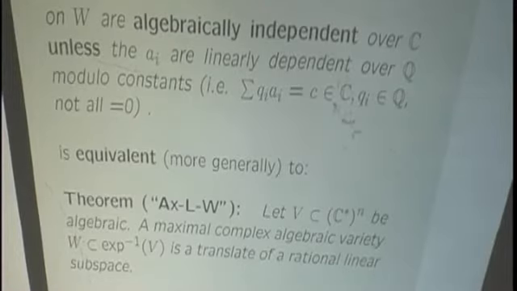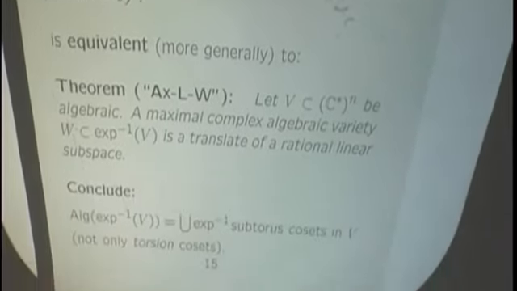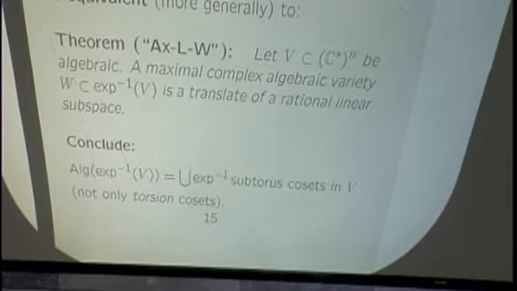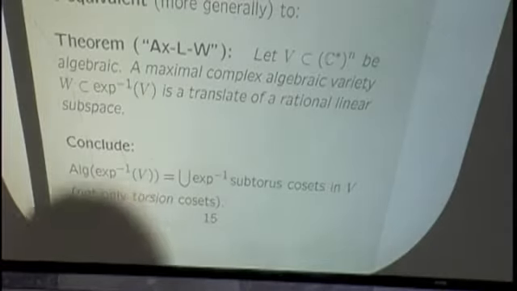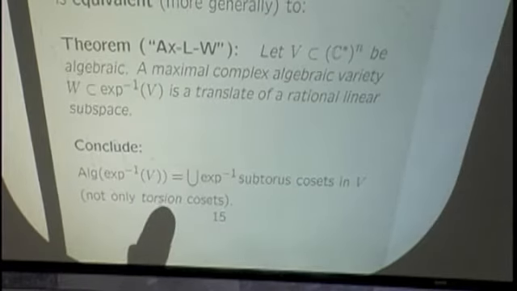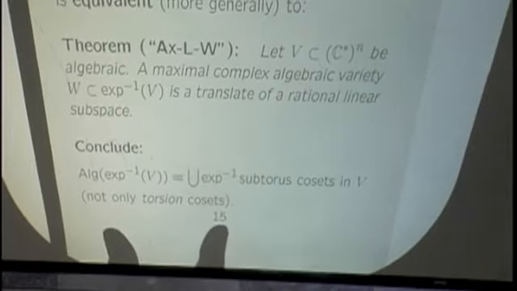So the algebraic part of the inverse image there is the inverse image of the cosets of subtori. Now here we have not just the torsion. In the problem we're considering, we only want to see the torsion cosets. That's our exceptional set. But here we have any cosets.